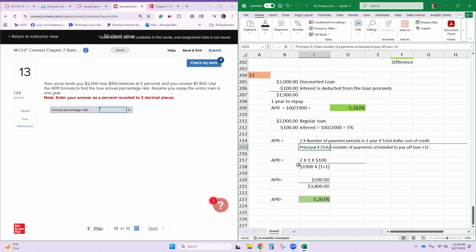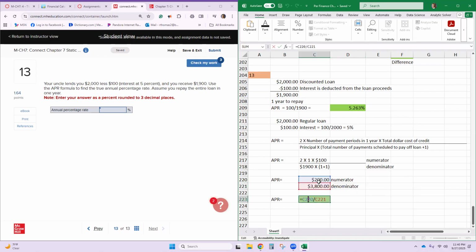All right, let's do the math. 2 times 1 times 100 is 200. Once again, here's your numerator and your denominator. The top becomes 200, and the bottom becomes 3,800.